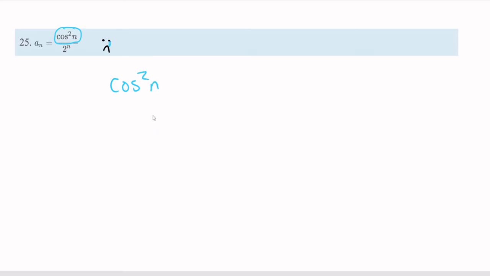Okay? How do you do that? Well, remember, we need to find something smaller and something bigger. And the way you do that in a lot of these scenarios is you say, well, what do I know about cosine? Go back to your functions, cosine. Forget about square for a second. What do I know about cosine? Well, I do know that cosine itself is going to be between, and I'll just use the regular function because that's what we're used to right now, -1 and 1.